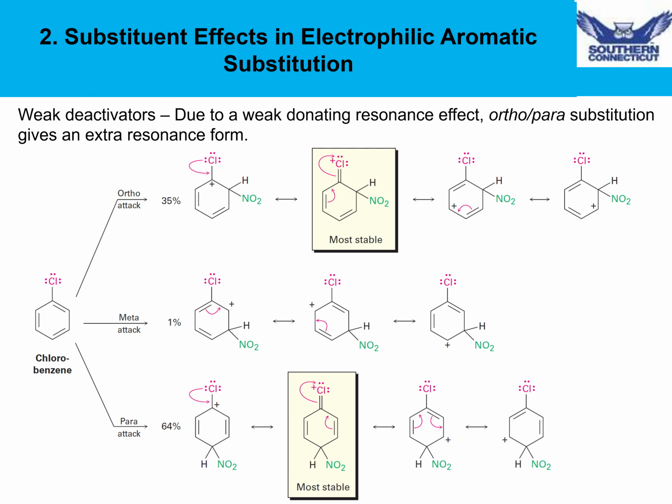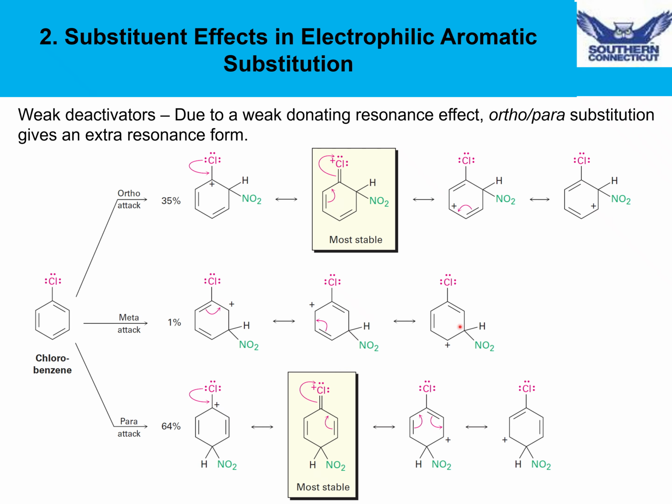You might recall that the weak deactivators, which would be the halogens like chlorine, are generally ortho-para directing, even though they are deactivating groups. Very similar to the phenol example, when we do an ortho or para substitution, we're going to have 4 resonance structures. In the case of a meta substitution, we get 3 resonance structures.